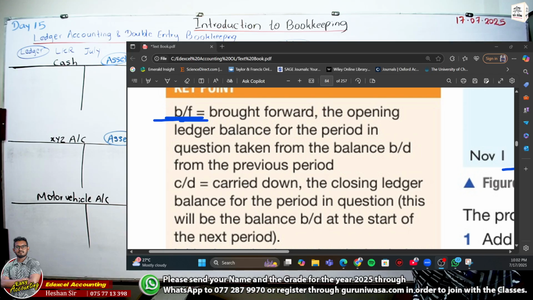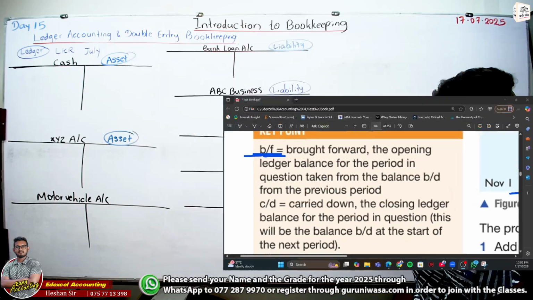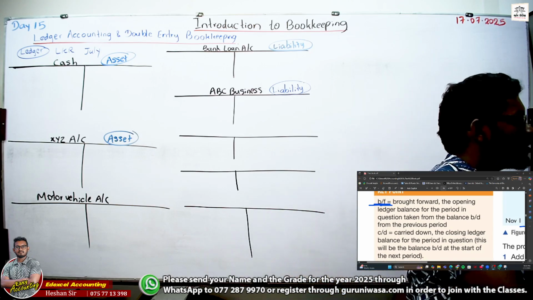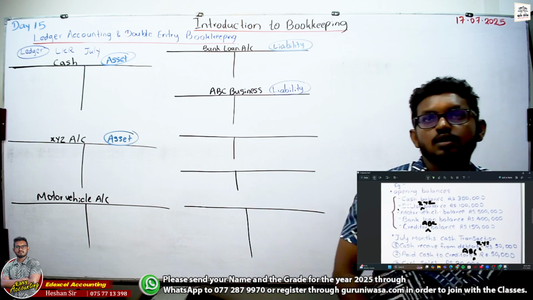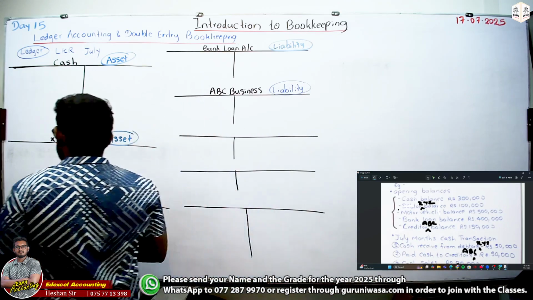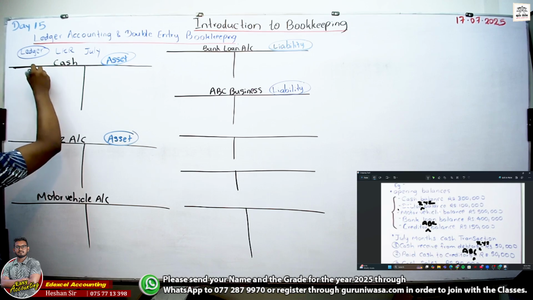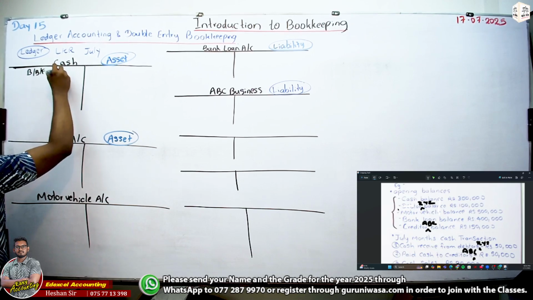So you can see BF, balance brought forward, opening balances. So let's draw the opening balances. Cash balance 300,000. So balance brought forward 300,000.